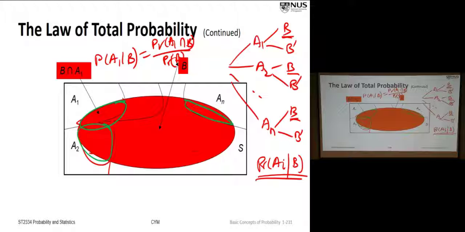This means that I know something at a later stage. If B is the second stage, I know what happened in the second stage. I want to go back and look at the chance that in the first stage, it comes from this particular branch. If you recall, just now we talked about machines. Usually a machine produces the screws, then in the second stage we look at the screw, whether it is defective or not.